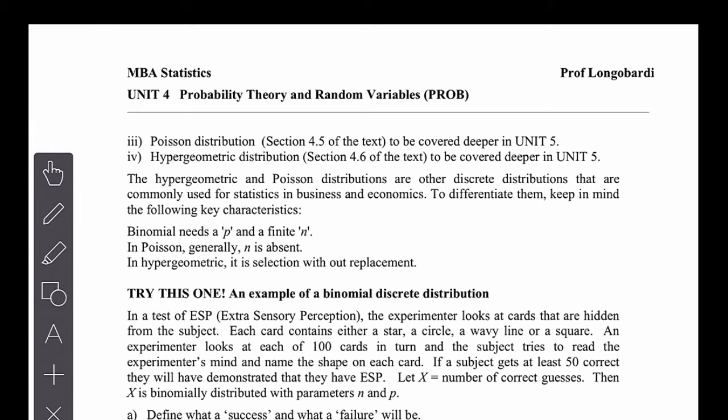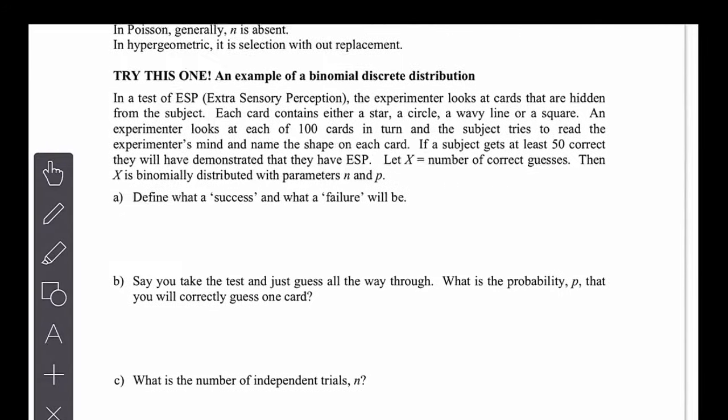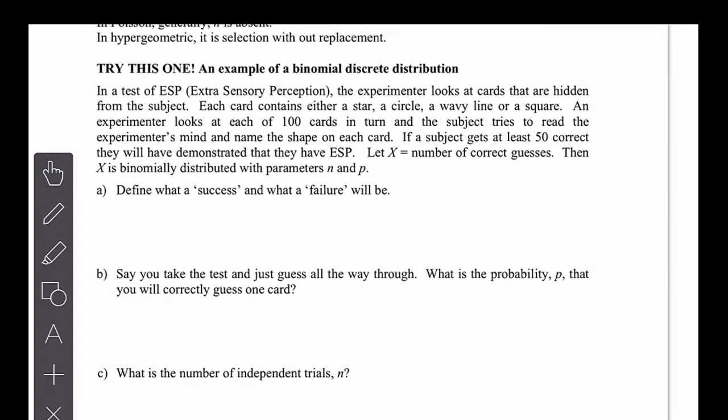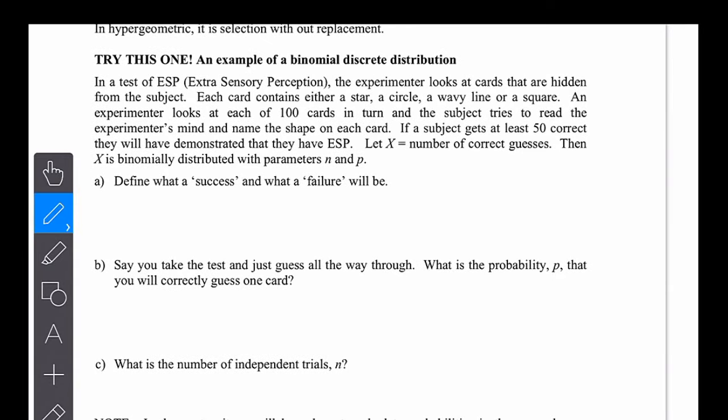Okay, so here's an example for you to try. I'm going to ask you to try it, and I'll look at it tomorrow. What you're going to do is read the exercise and answer the questions about whether this variable, defined as the number of correct guesses in this setting, is a binomial distribution, and identify the parameters.